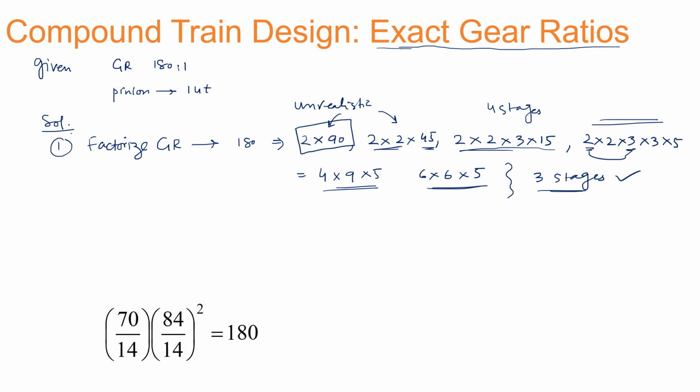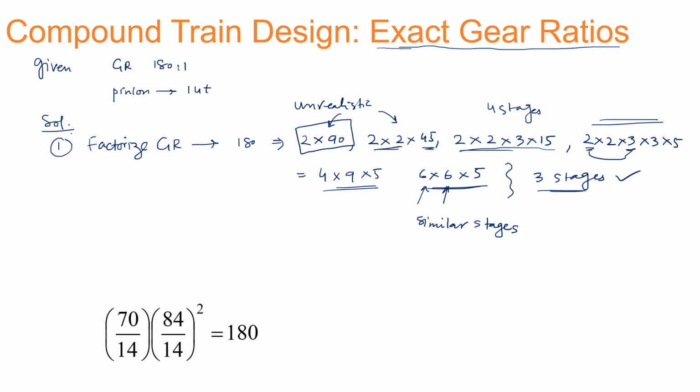And obviously I can see that 6 into 6 makes sense, because you're going to have 2 similar stages, and there is going to be a third one, which is a bit different.